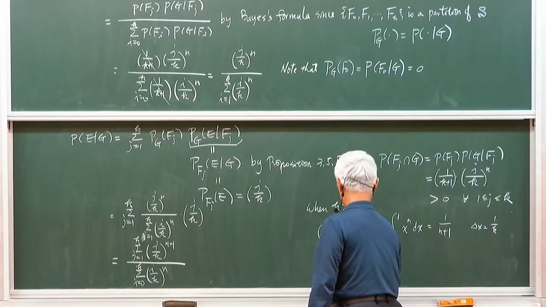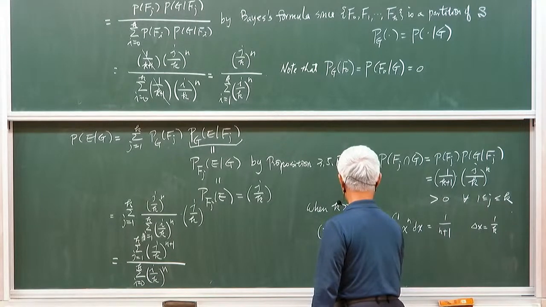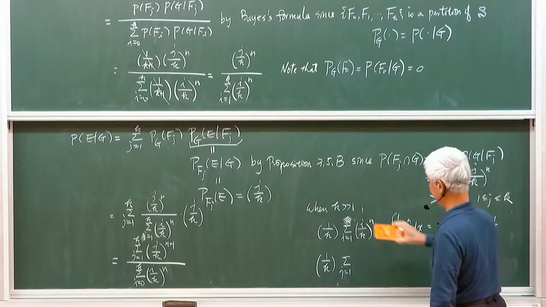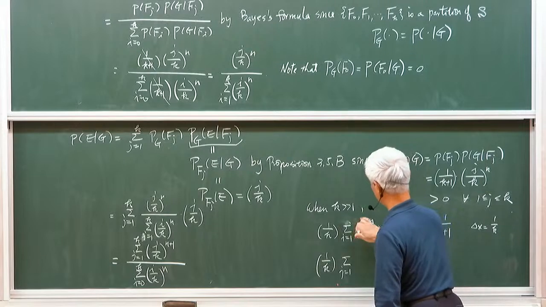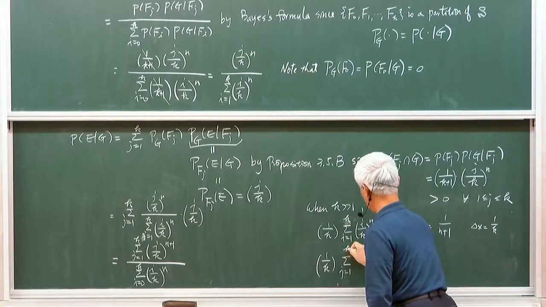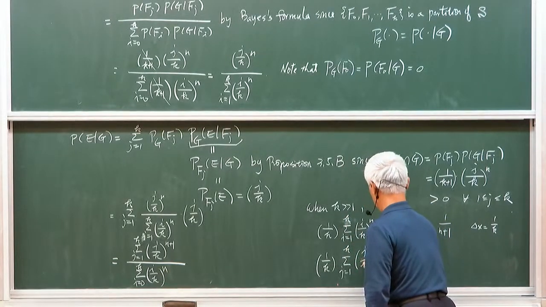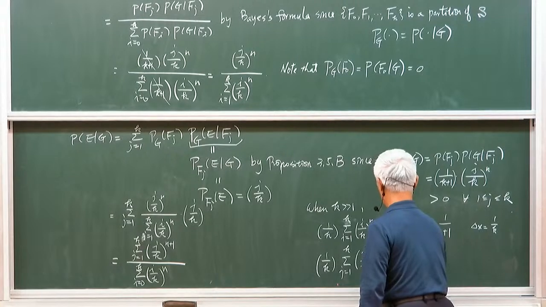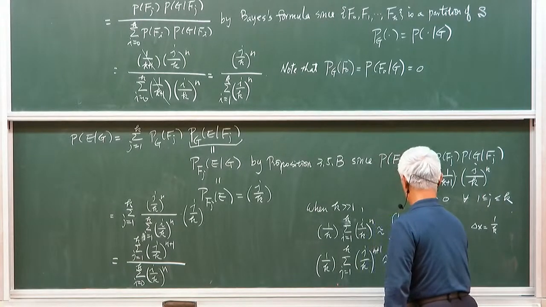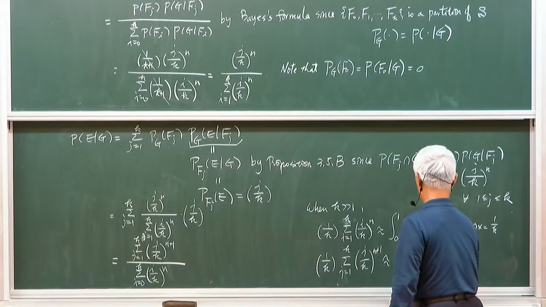Right, and secondly, j from 1 to k, I'm sorry, to k, and j, okay, n plus 1, approximately n plus 1 dx.